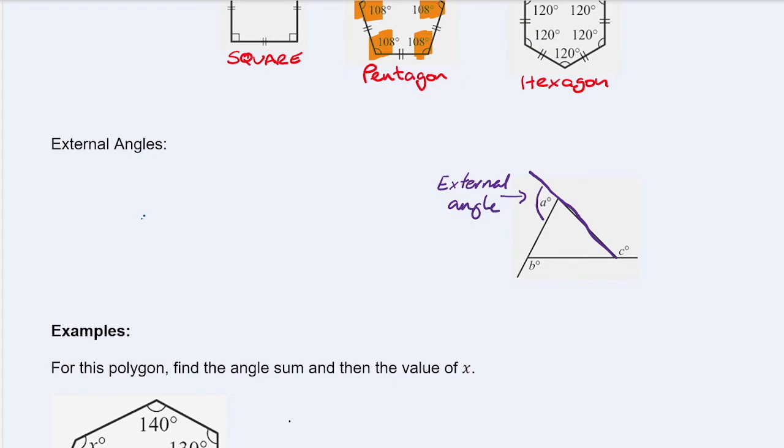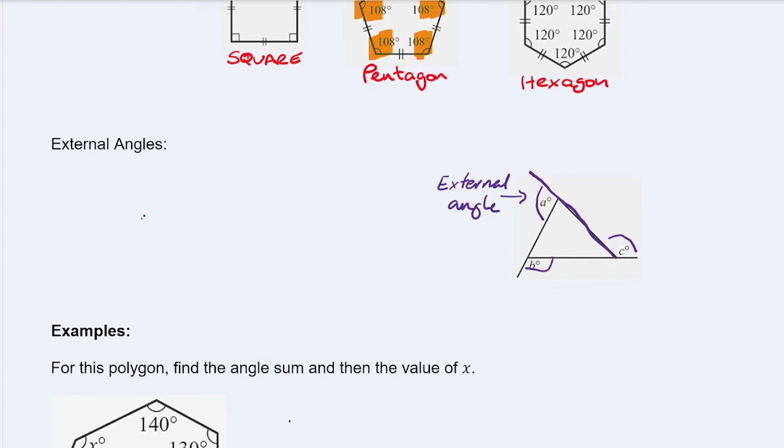So the external angle is that one outside. Now we have learned about external angles in triangles before, but one of the things that we note with this particular one is not so much that these guys will be equal, although if it is a regular polygon, they should be. But external angles actually need to sum to 360.